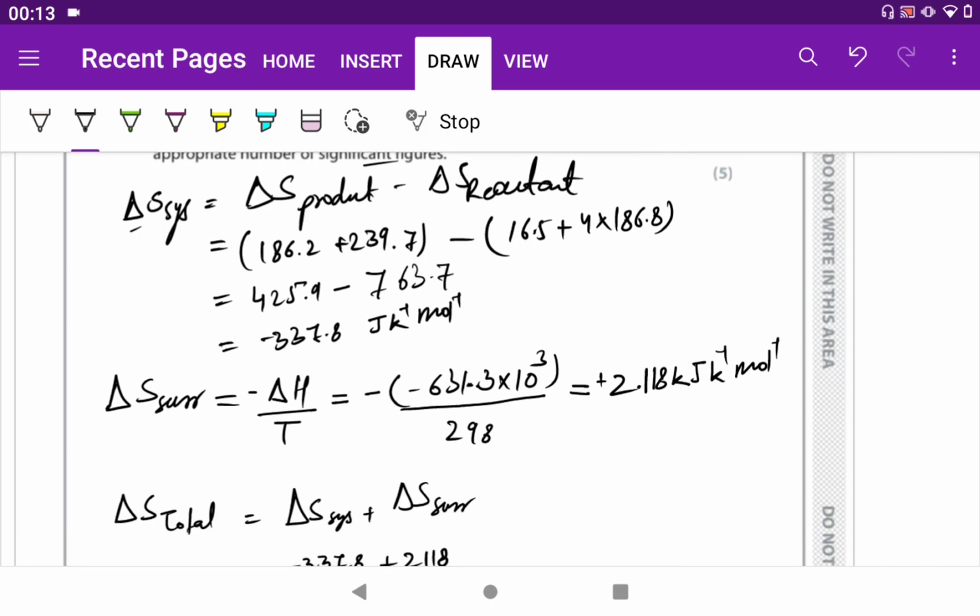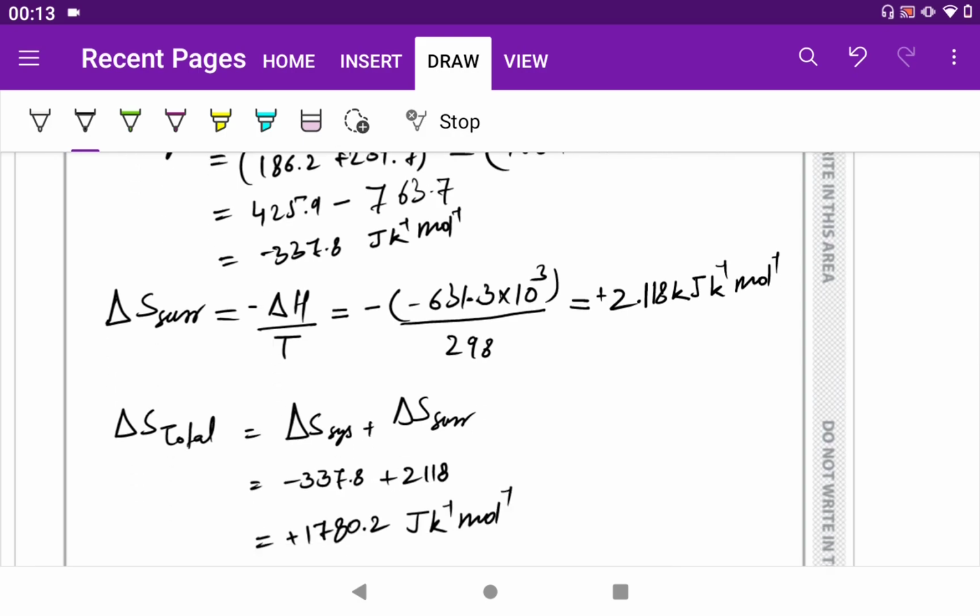The entropy of the surroundings is minus delta H upon T, and it is minus minus because the reaction is exothermic. After calculation we get plus 2.118 kilojoules per mole. So the total is system plus surroundings, minus plus this, and the total entropy is plus 1780. You can make it kilojoules or you can leave it like this.